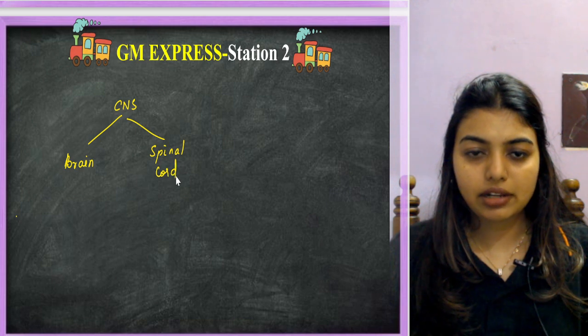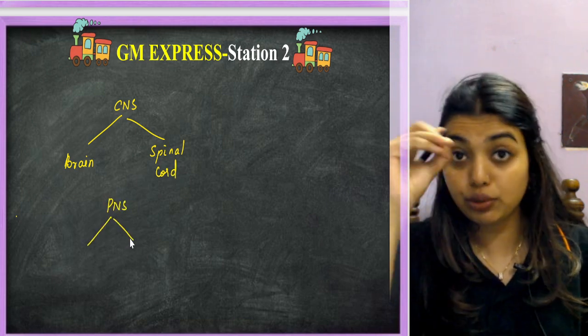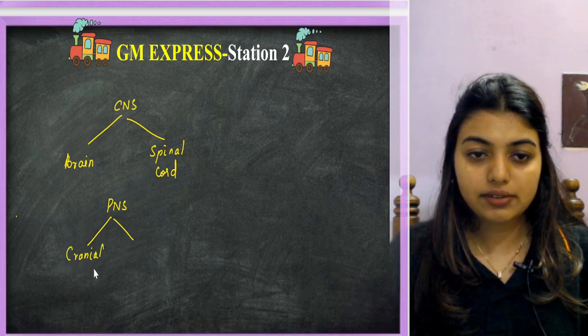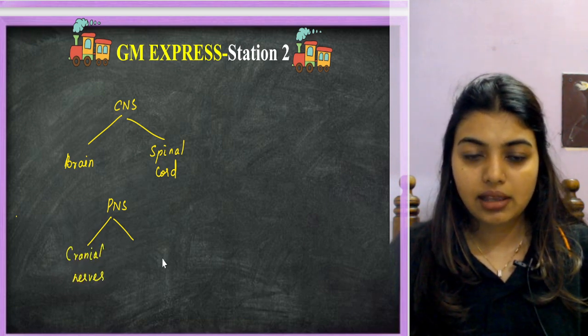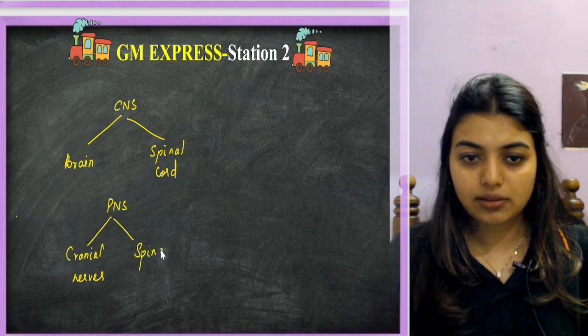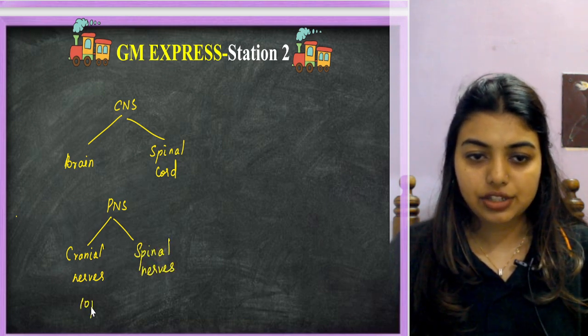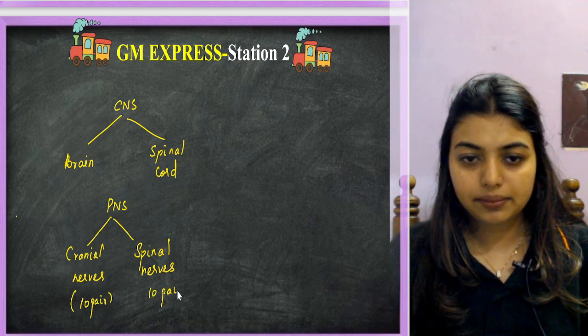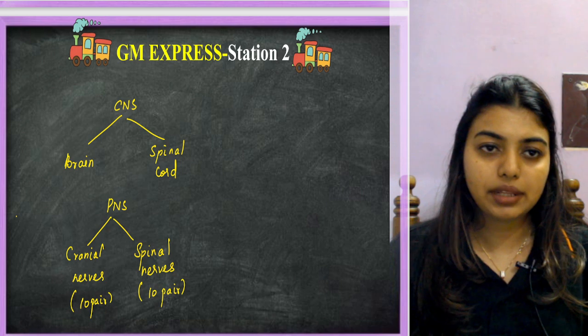Then we have PNS, the nerves that go to the brain and spinal cord. That is called the cranial nerves and spinal nerves. Okay, 10 pair each.